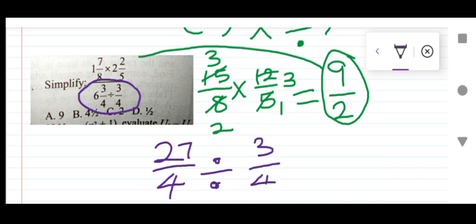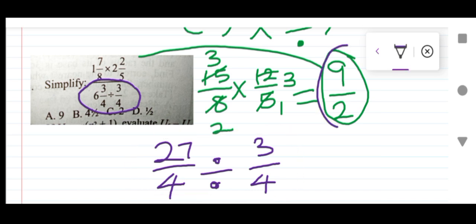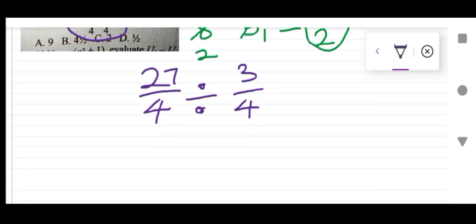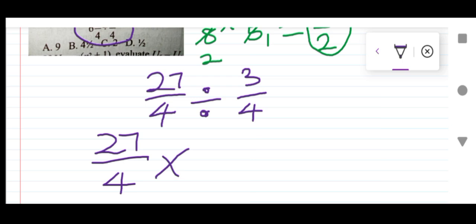Don't forget, this purple marker is for the denominator. We are still coming back to this numerator. So let's continue with our denominator. Division will change to times, and when that happens, this number will invert. So we have 27 over 4 times 4 over 3.